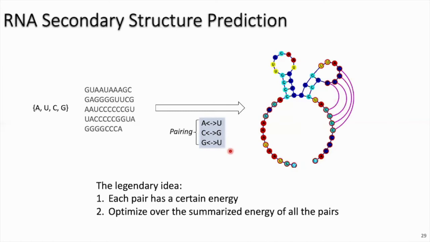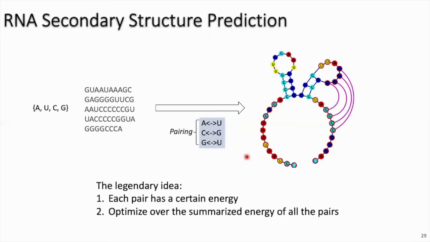The legendary idea for solving this problem is to formulate it as an optimization problem. That is, we will assign each pair a certain energy, and then we will enumerate all the possible RNA secondary structure patterns, finding the one specific pattern with the lowest summed energy of all the pairs.